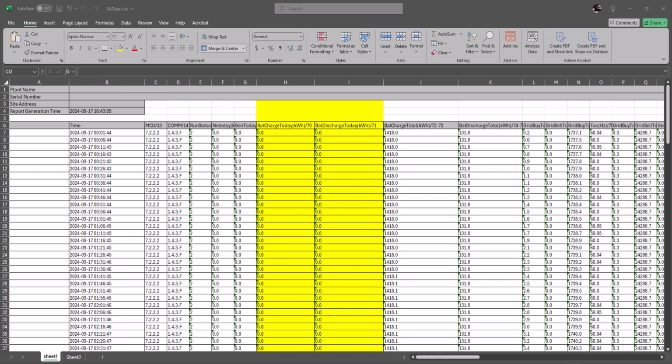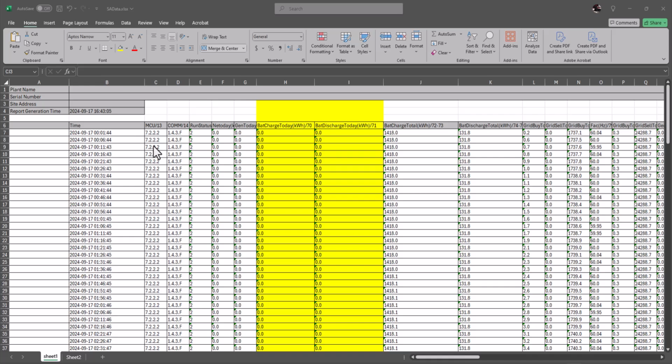So I've downloaded the spreadsheet for today's operations, and this is what it looks like. You can see that it's got timestamps every 5 minutes along the left-hand side, and each row of data contains a snapshot of the data at that particular point, down to the second.